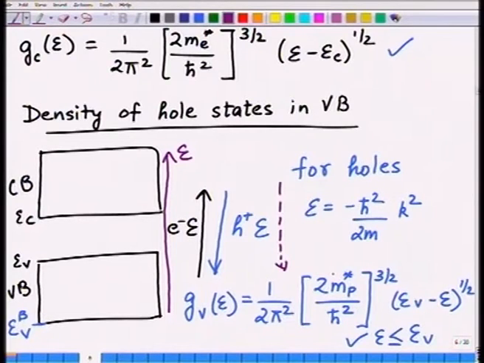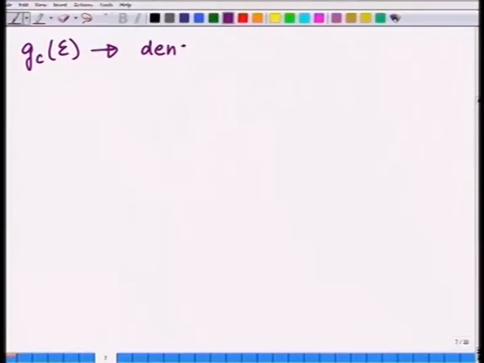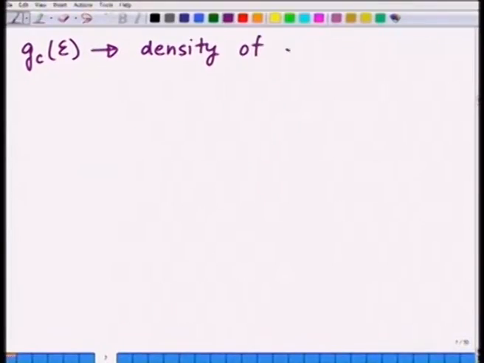Therefore I have written EV minus E here, and for the same reason, the curvature of the valence band, which is a hole-like surface. I have calculated the effective mass for that also and substituted it in, with the same logic we used for the conduction band, density of electron states in the conduction band.